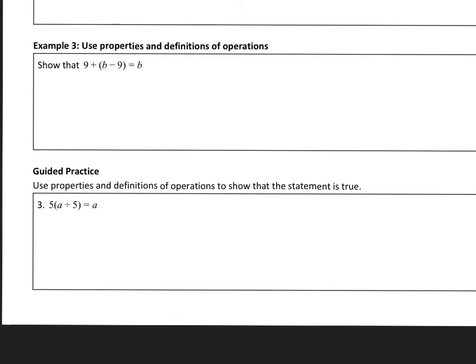So I'm going to rewrite this as 9 plus b plus negative 9 equals b. We can always rewrite addition as subtraction, okay? Because b minus 9 and b plus negative 9 are the same exact thing, okay?